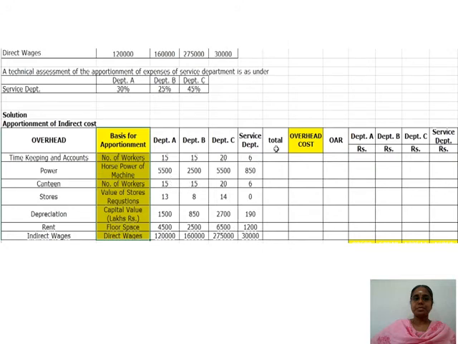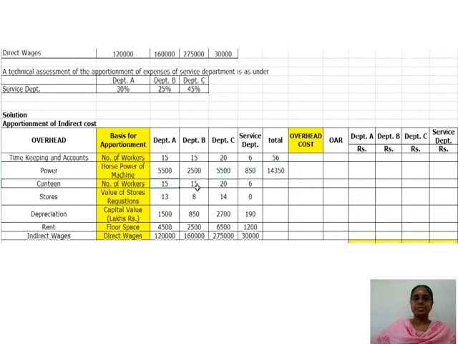The next work is to find the total of these four. You have to sum 15, 15, 20 plus 6. You have the total here as 56. The sum of 5,500, 2,500, 5,500 and 850 gives the total 14,350.